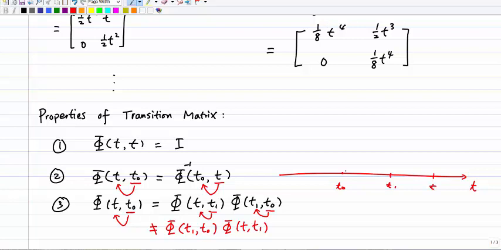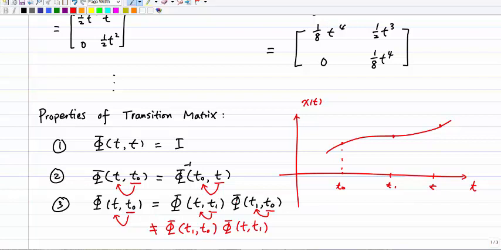For example, this is my x of t. The transition from x of t0 to x of t is the same as the transition from this state to this state first, and then this state to this state. You do the multiplication. That's what it means in terms of the last property.